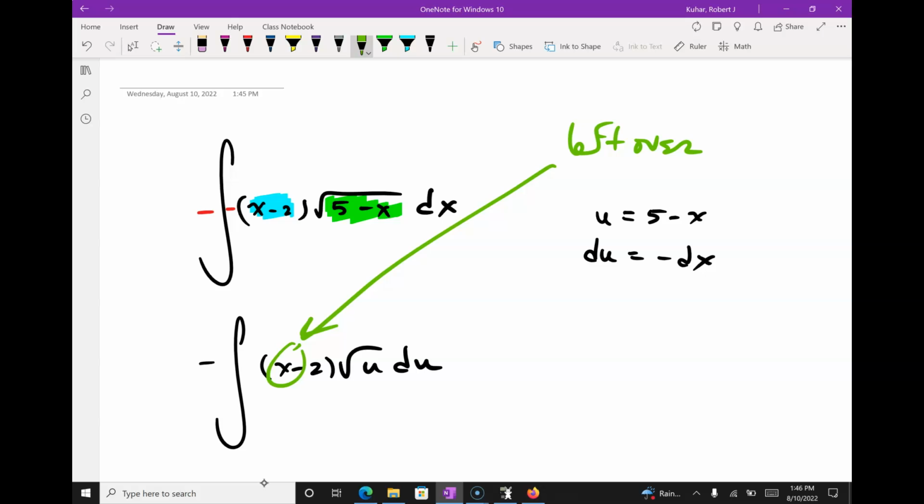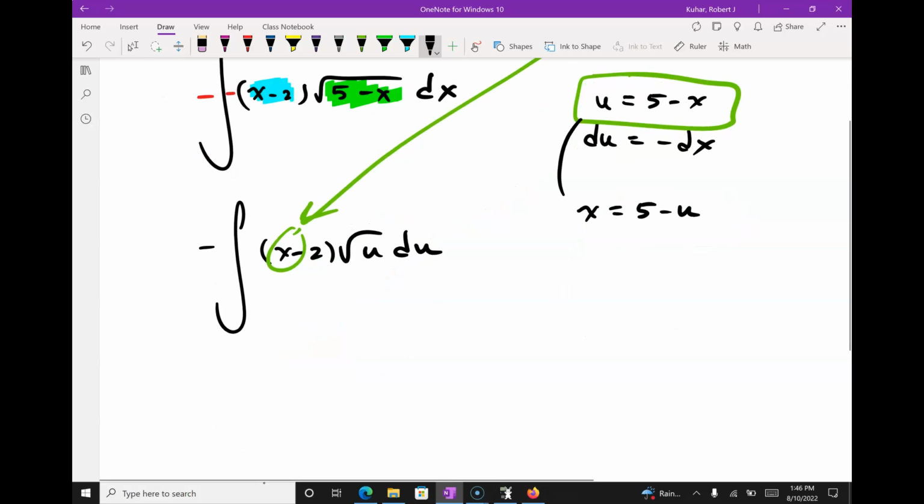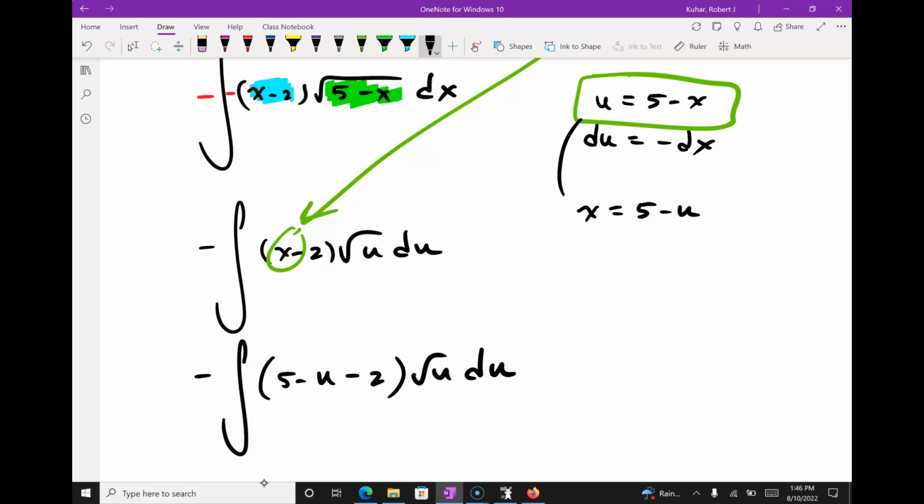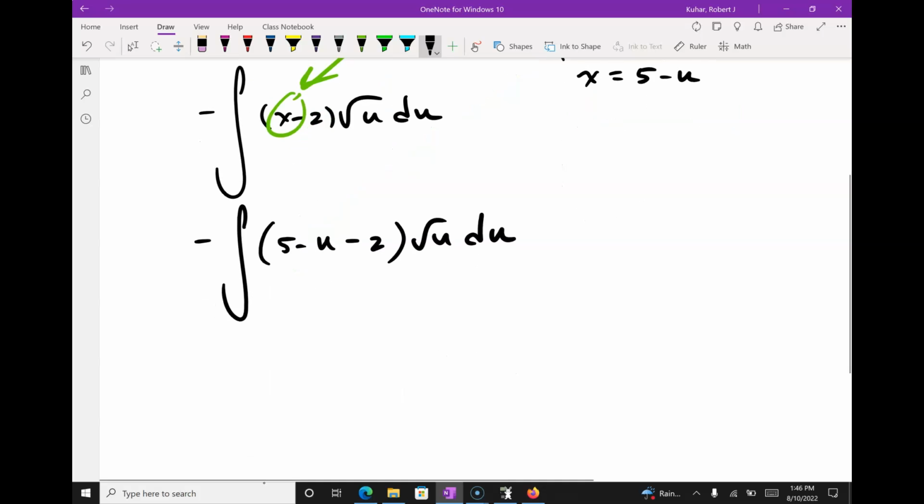Could be a leftover x squared, it could be a leftover x cubed, etc. In this case, I want to try and change that x into some kind of u. So if I solve this for x, what do I get? I get x equals 5 minus u. I can now put that in there. And then it turns out to be what? 3 minus u?